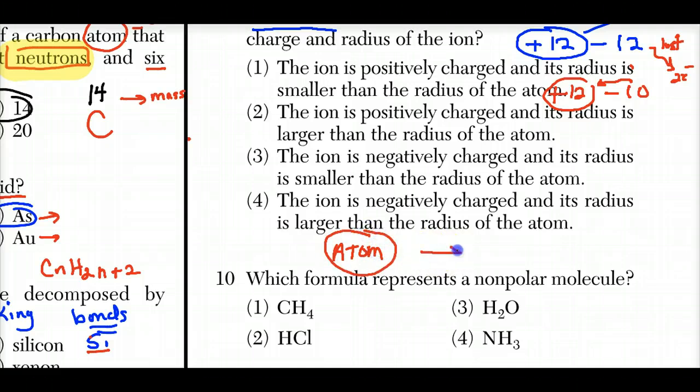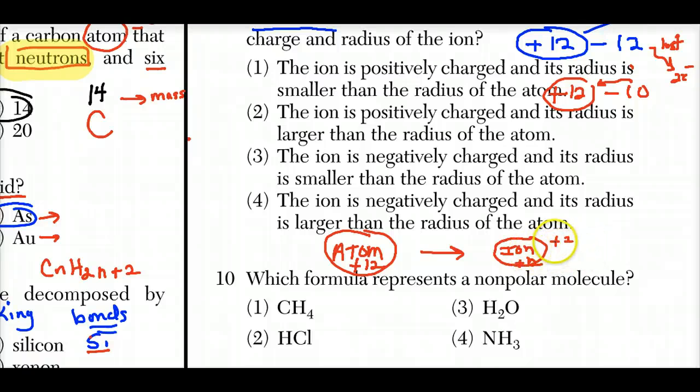Then when it became an ion, having lost 2 electrons, the ion is now smaller and +2. Both still have 12 protons, so they're both still +12 in their nucleus, but by having fewer electrons, this +12 can overcome those electrons and pull them in tighter.